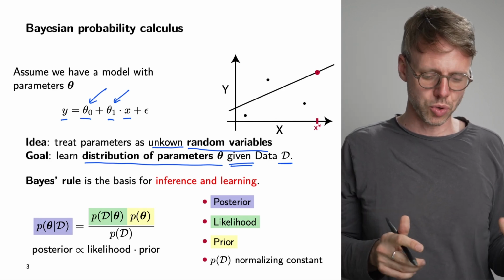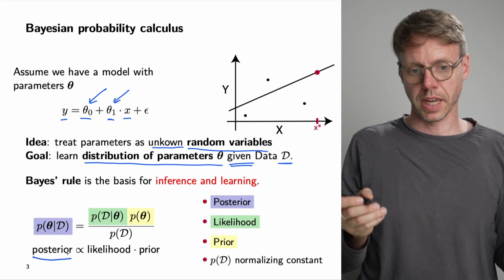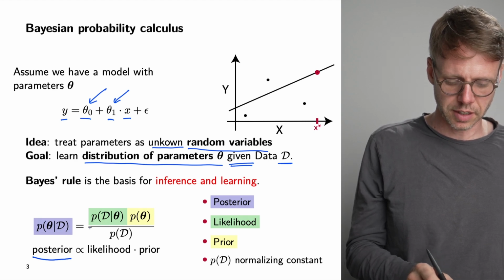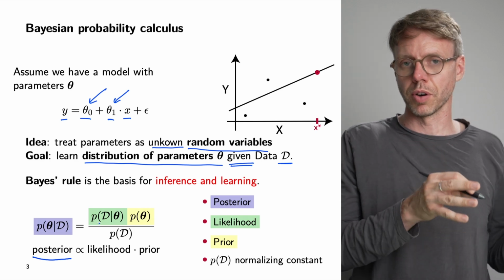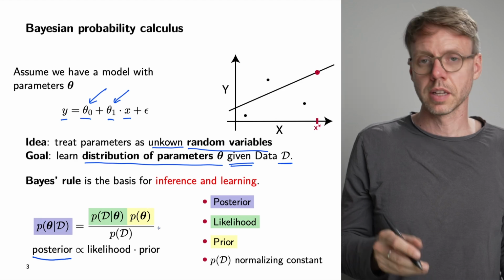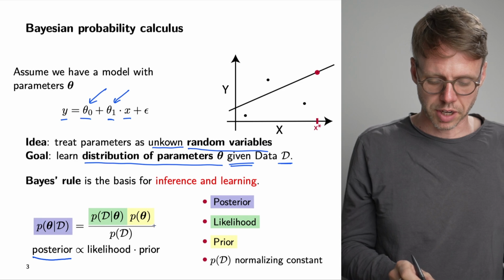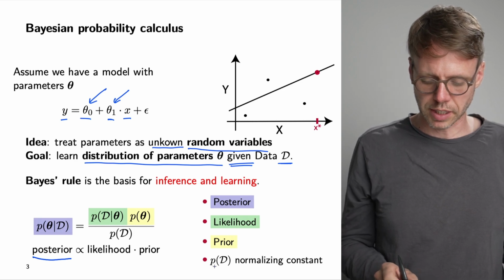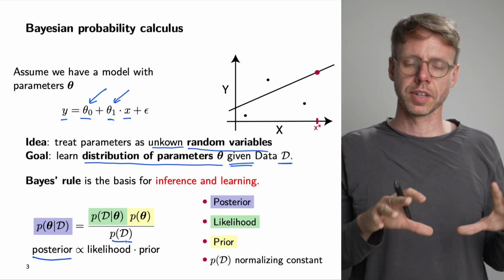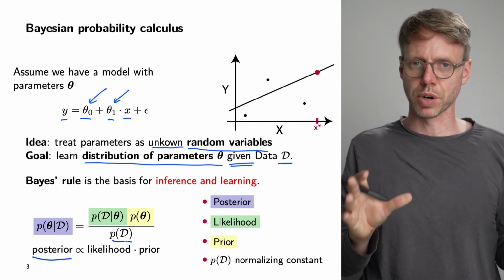It's a conditional distribution. The posterior distribution is obtained by applying Bayes' rule. So it's P of theta given D is equal to P of D given theta, that's our likelihood, times P of theta, that's our prior. And then we take this product and divide it by P of D. And P of D is a marginal distribution of the data, where we marginalize over all possible parameter values.